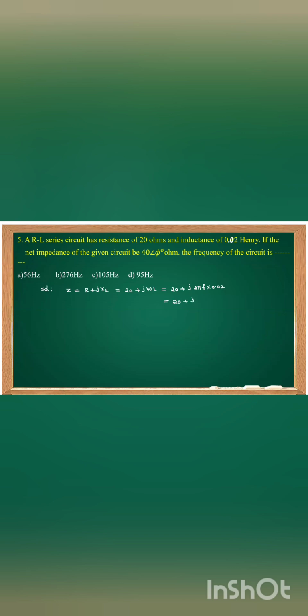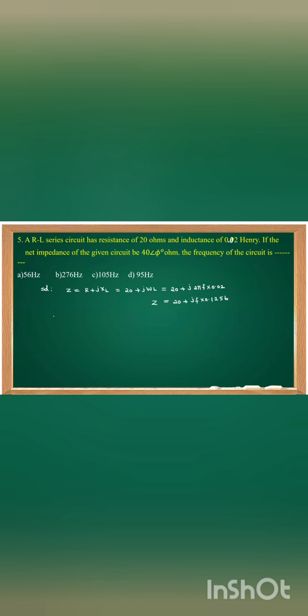You simplify this one, friends. 3.14, 6.28, 6.28 into 0.02, approximately how much do you get? That is 0.1256. So 20 plus j F into 0.1256. This is Z.